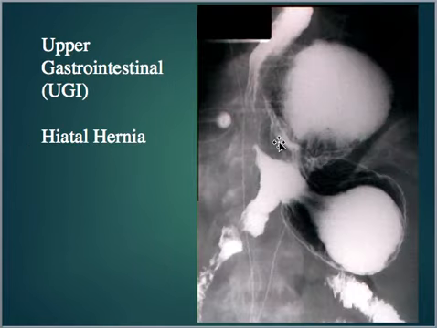This is a hiatal hernia. A hiatal hernia is where the stomach, so if you can remember what the stomach looked like on images earlier, right about here, the stomach is actually pushing up through the diaphragm and into the chest. Treatments can vary. Sometimes people don't even realize they have a hiatal hernia.